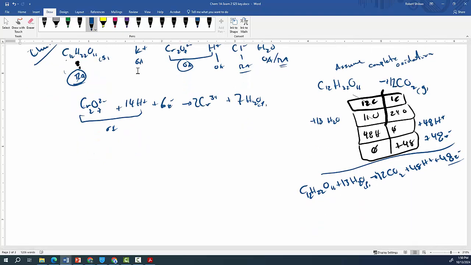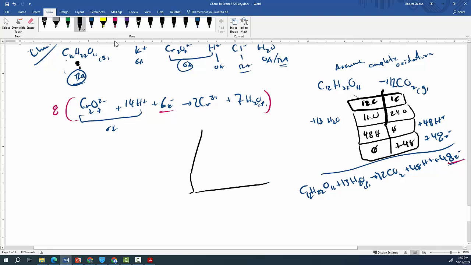All right, so I'm not going to cross multiply, because this is going to result in too huge of a number. So what I'm going to do is, 6 goes into 48 eight times. So I'm going to multiply the first reaction by 8, and that's going to give me 48 electrons and 48 electrons, and then it cancels out. So let's add it up.